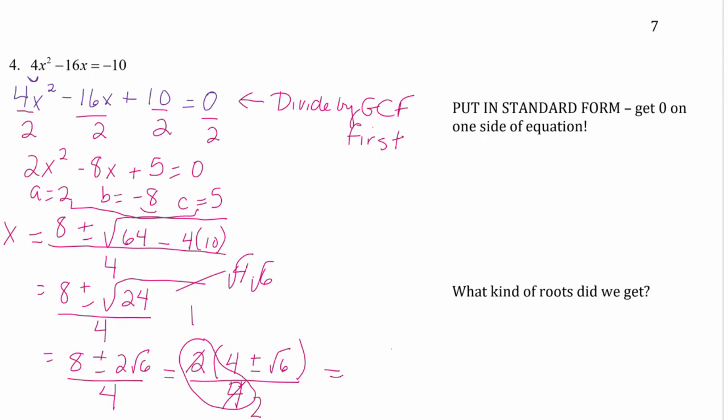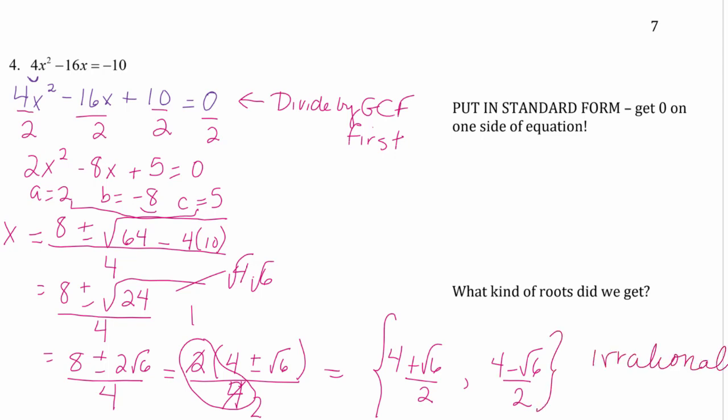So our final answers are 4 plus root 6 over 2 is one solution, and 4 minus square root of 6 over 2 is another solution. And we are once again getting irrational roots. And I want you to start thinking what's making the roots be irrational or rational or complex, because that's a future video.